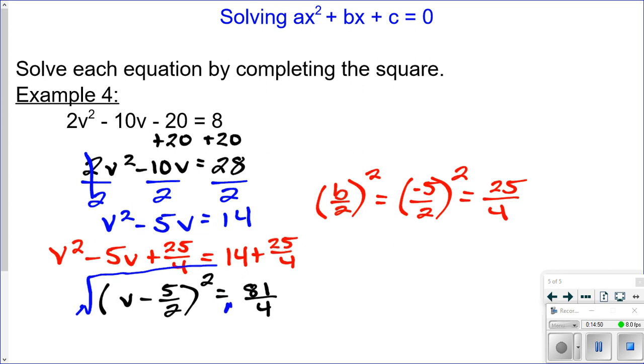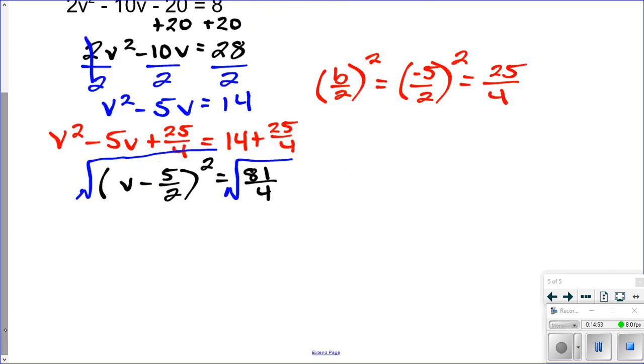So we're going to solve this by taking the square root of both sides. All right, so now I have v minus 5/2 equals the square root of 81/4. Actually comes out to a pretty nice number. Positive or negative 4.5. Square root of 81 is 9.